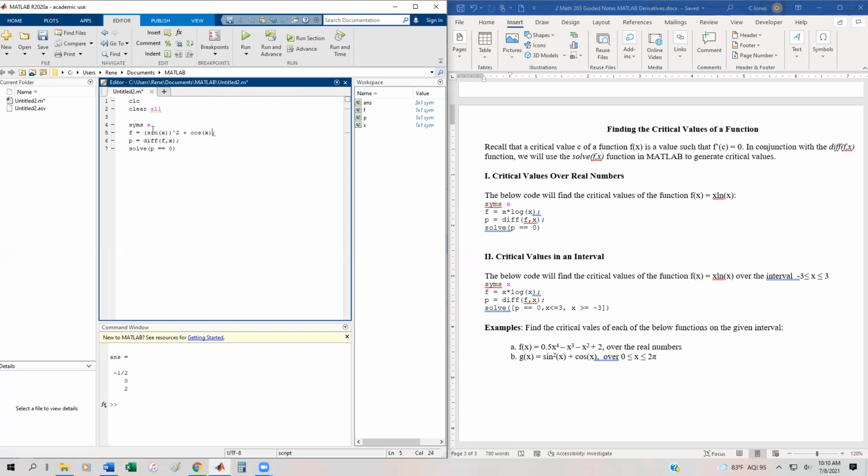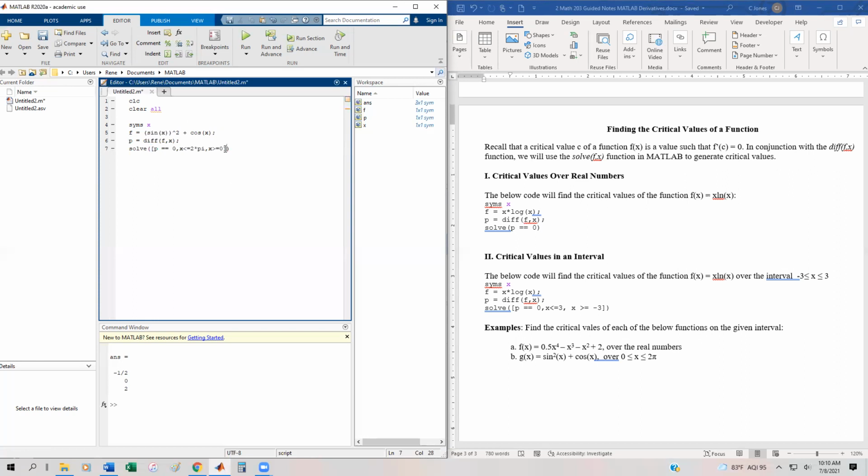By the way, to define a trigonometric function to a power, make sure you put that trig function in parentheses and then raise it to a power. Then we have the same solve function, except inside, we put a bracket beginning at p, then a comma, x less than or equal to 2 pi, comma, x greater than or equal to 0, and close the bracket.